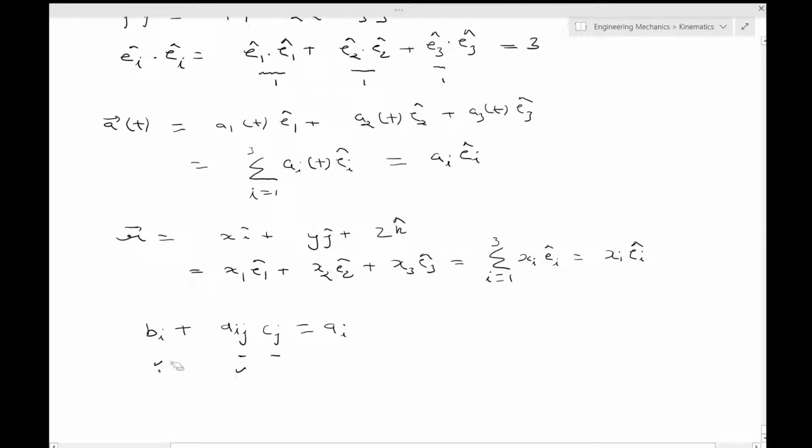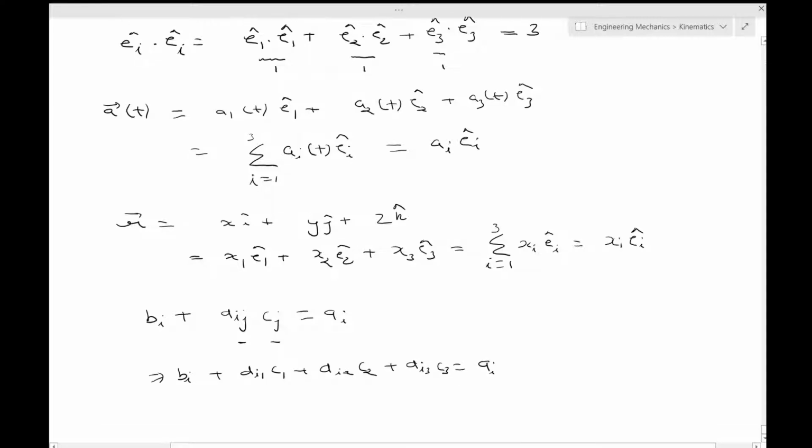So there is a repetition over j. This would imply that bi plus di1 c1 plus di2 c2 plus di3 c3 is equal to ai. Now this is an equation in i.